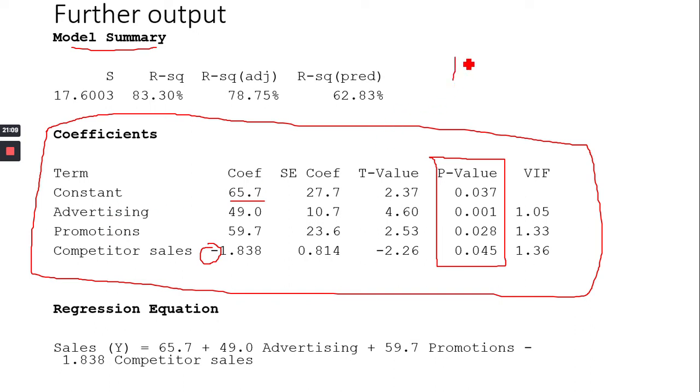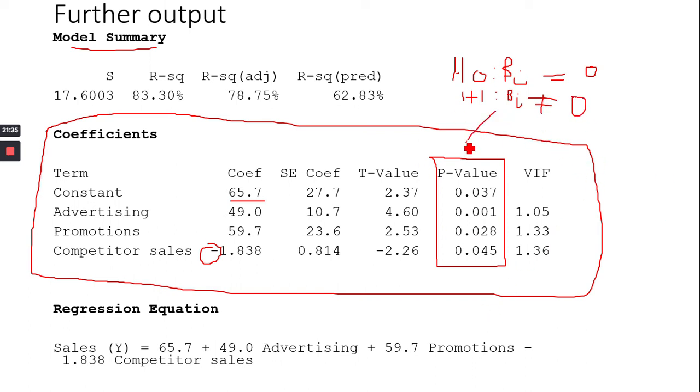In particular, we are testing H naught: beta i equal to 0 versus H1, which says beta i is not equal to 0. This is the hypothesis that we are testing here.